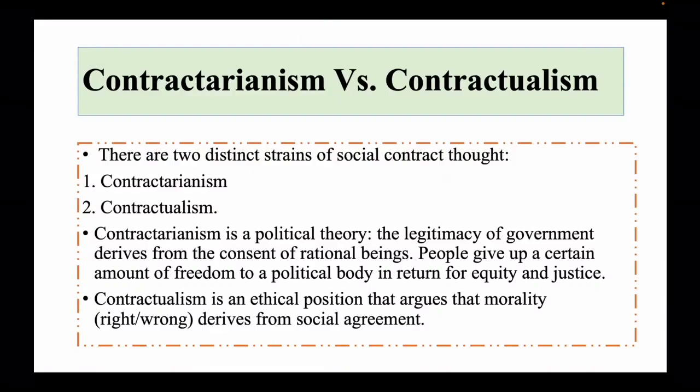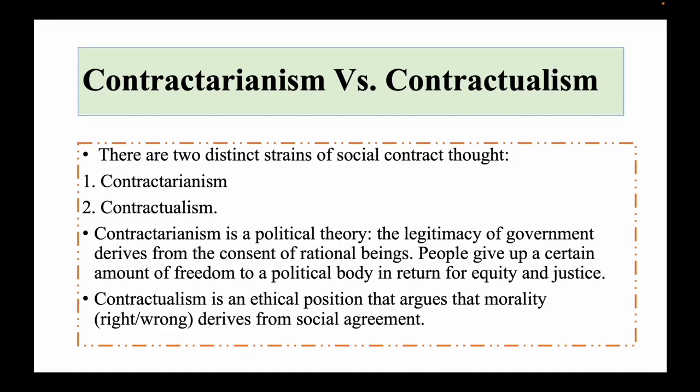Okay, so this is the origin of Contractarian philosophy. Now, what I wanted to point out is that there are two different strains or aspects of Contractarian philosophy. One is known as Contractarianism, and the other, Contractualism. Contractarianism, as I explained, is a political theory that says that the legitimacy of government derives from the consent of rational individuals, like human beings, like people.